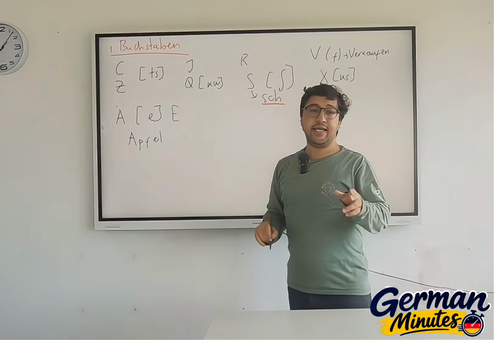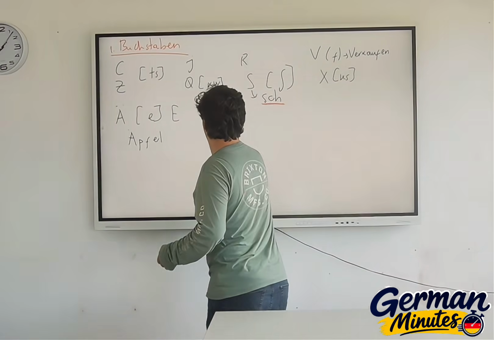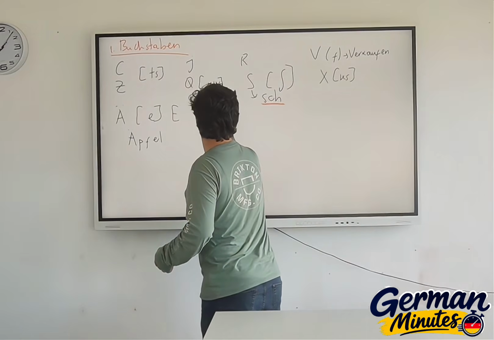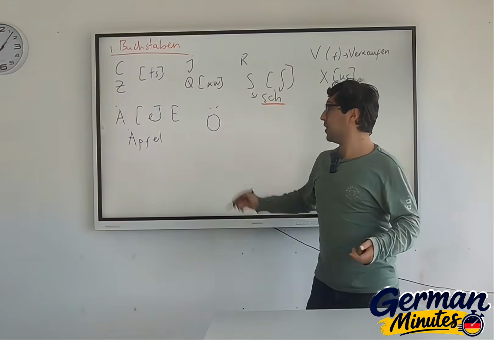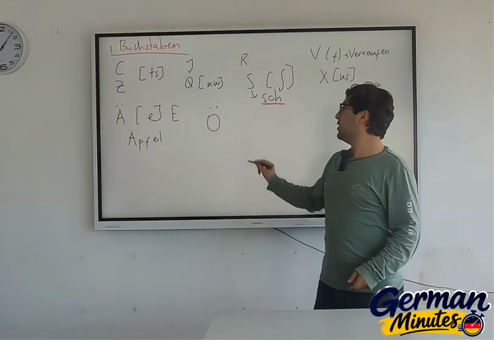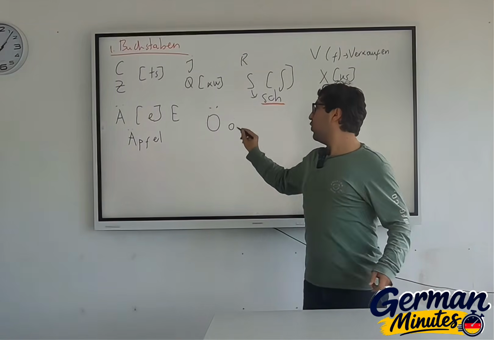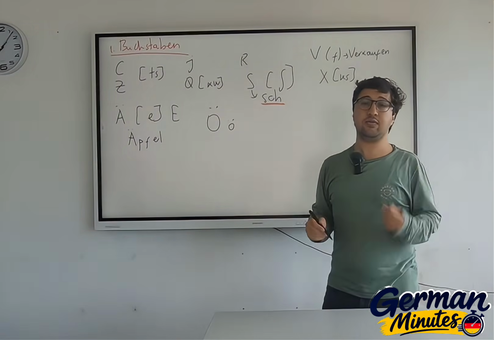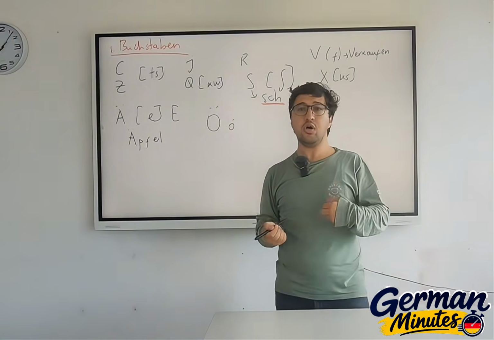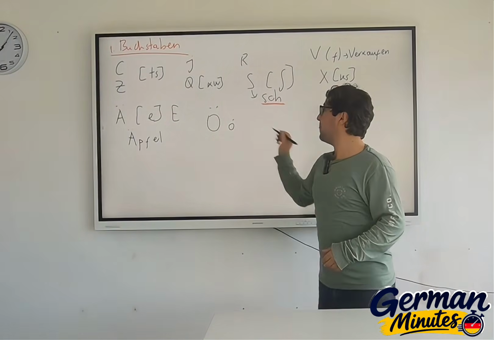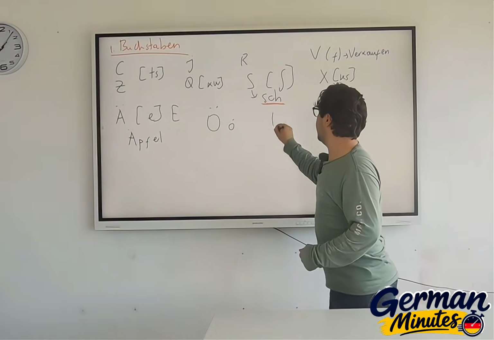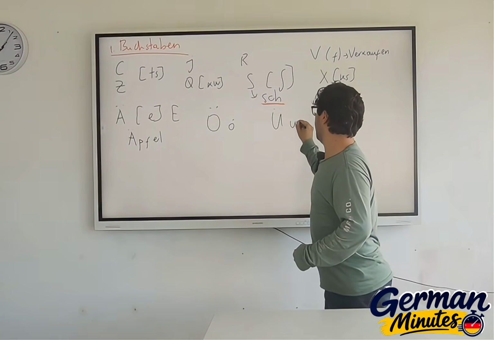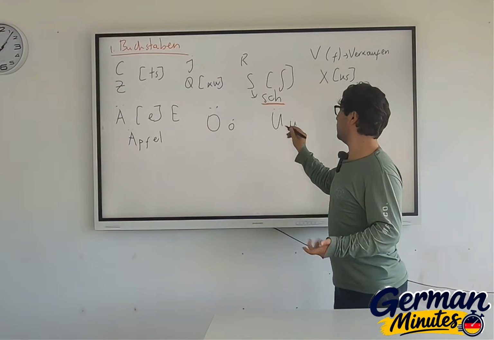And then we look at another one, O umlaut. It's called A umlaut, O umlaut, the small one, Ö, größer, Ö, okay? And then another one is Ü, U umlaut.